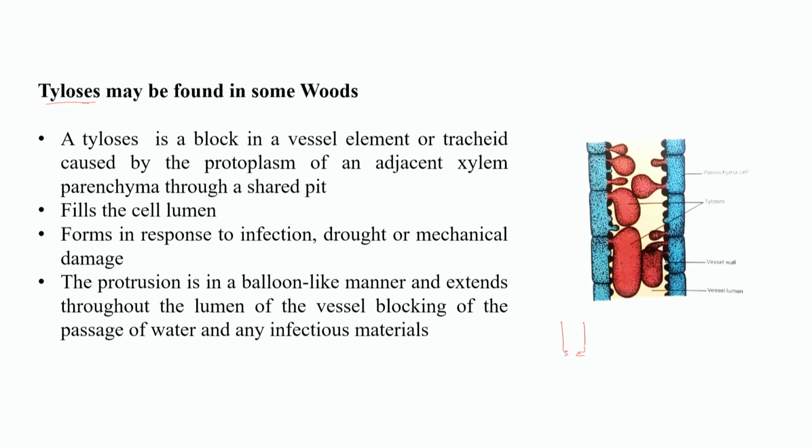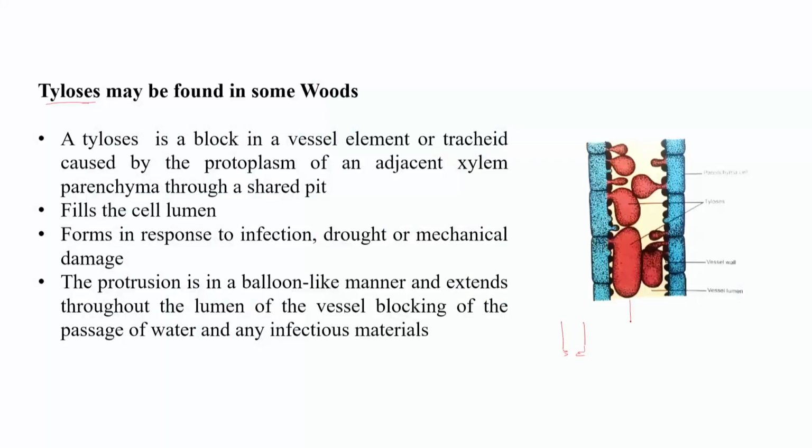Or if a drought condition is there, the vessels will be blocked so that no further water conduction can take place. Similarly, in mechanical damage to a vessel, it should not proceed to other cells. Some structures originate which actually block the vessel.